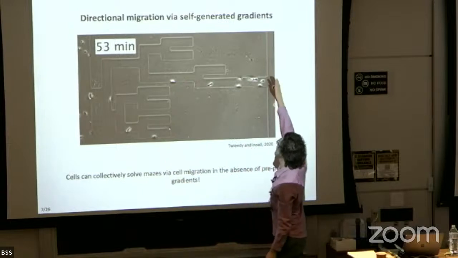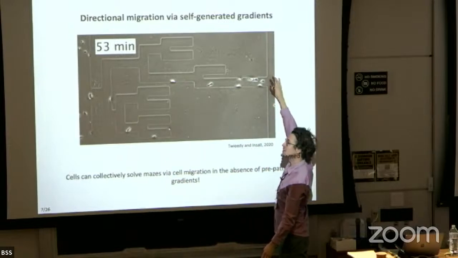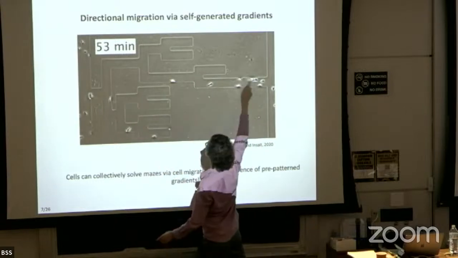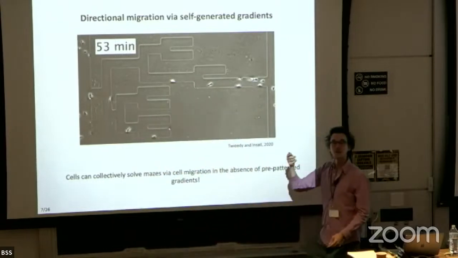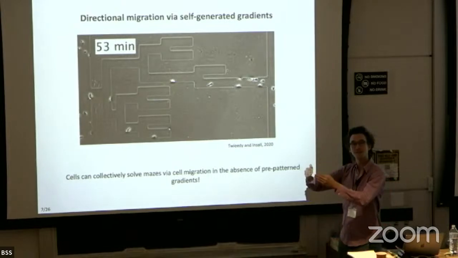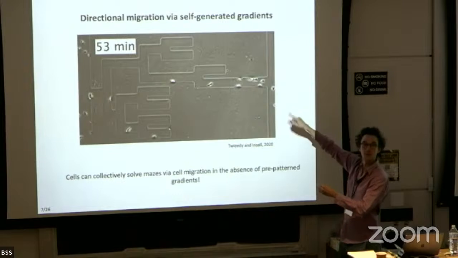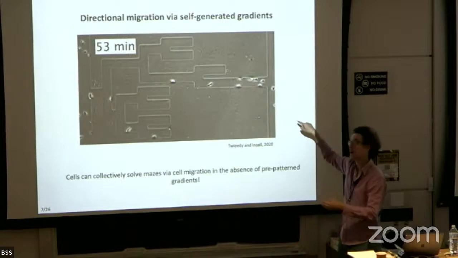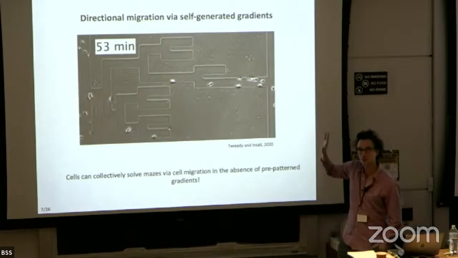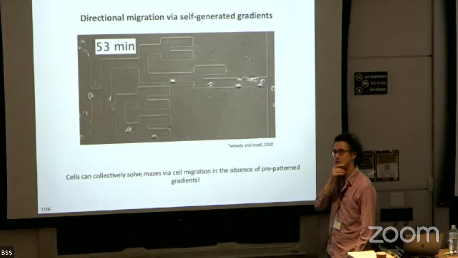If you have a reservoir of things here, you're going to get a stronger gradient from here to here than here to here. What you eat in front of you diffuses fast and creates hints at the path towards the open end. I'll go a bit more into the derivations later on.